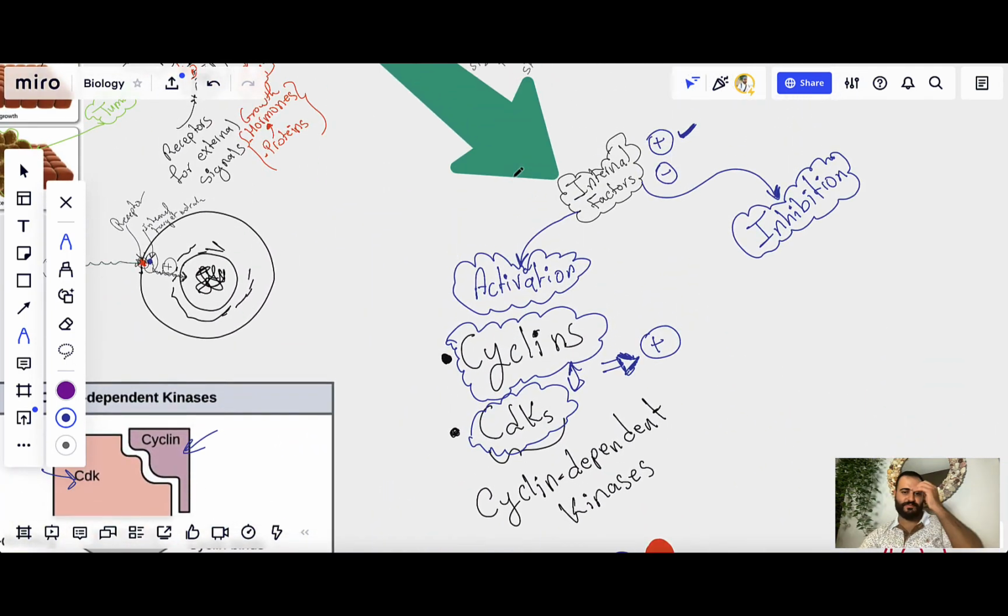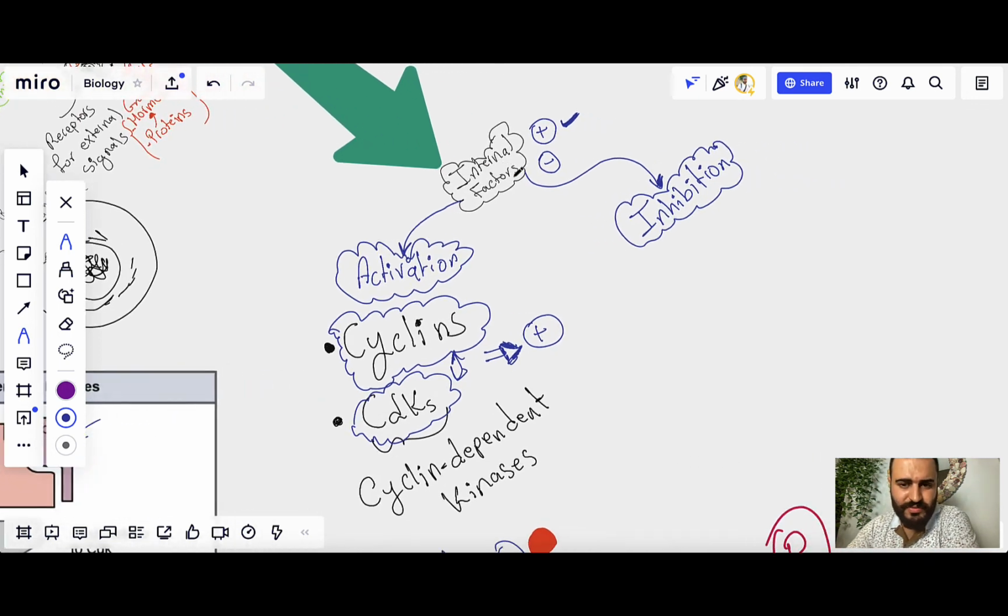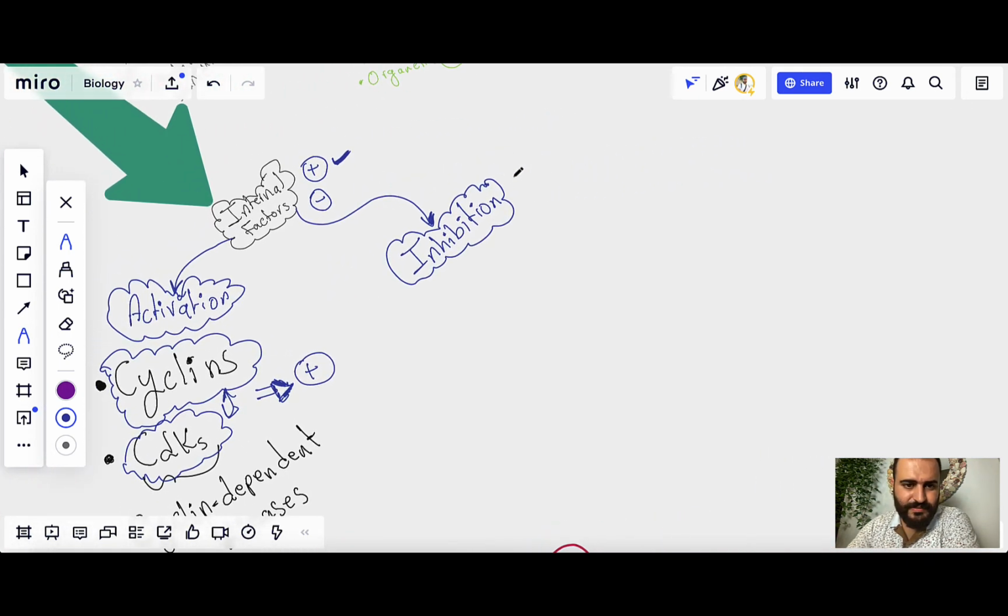Now let's move to the second type of control, which is inhibition of the cell cycle. Simply, inhibiting the cell cycle happens at two levels.